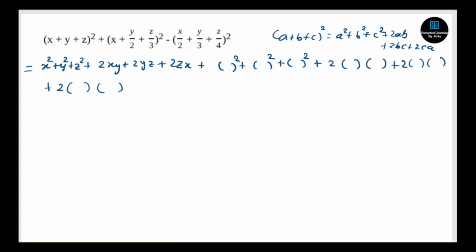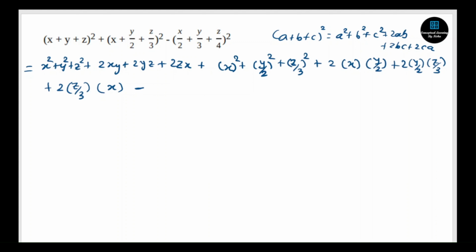Now put this value. So this becomes very easy and you can avoid the mistake, okay? So x upon 3, y upon 2, z upon 3, and x. Alright, now minus. Because this minus is there, all the terms become negative.